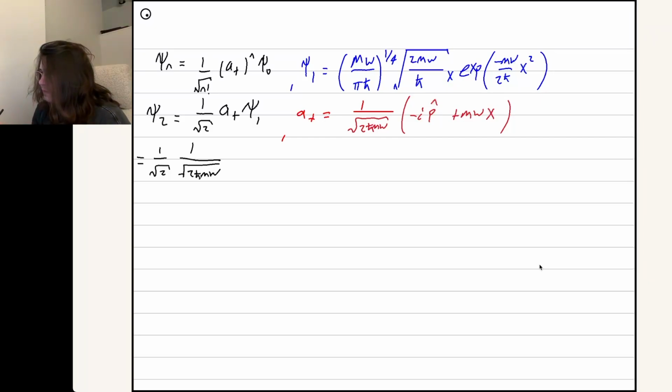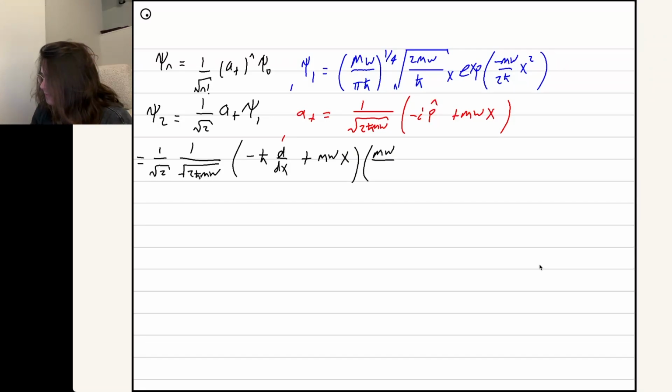And then I'm going to change the momentum operator into what it actually is. So minus h bar d dx, the i times the minus i, just made that into a minus sign. So that's that. We had a m omega x.